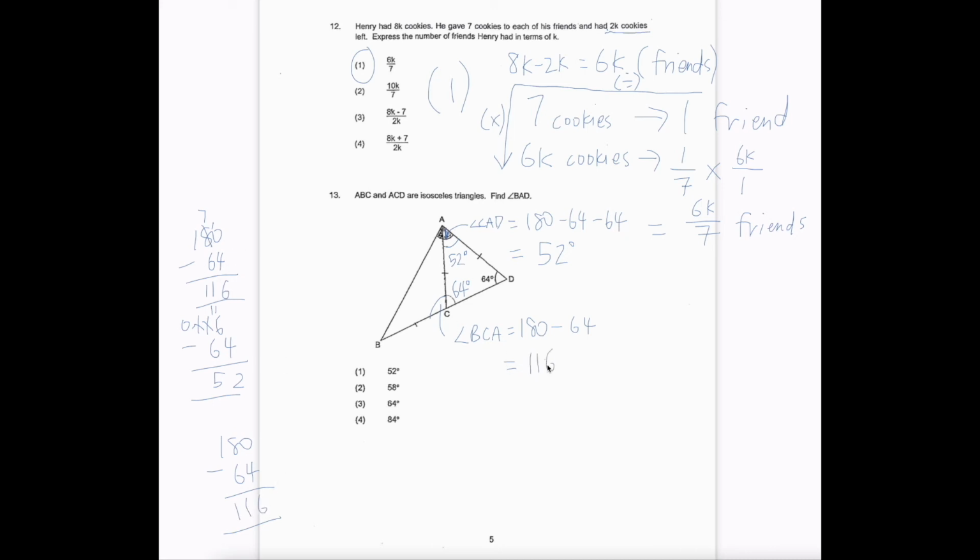Okay? So if this is 116, what's at the bottom? Let's find out, okay? To find out what is angle ABC, I will need to take 180 minus away this 116 and then divide by 2 because there are 2 base angles. One is here and one is here. Okay? So 180 minus 116, I'll just get 64. So 64 divided by 2, let's do it together.